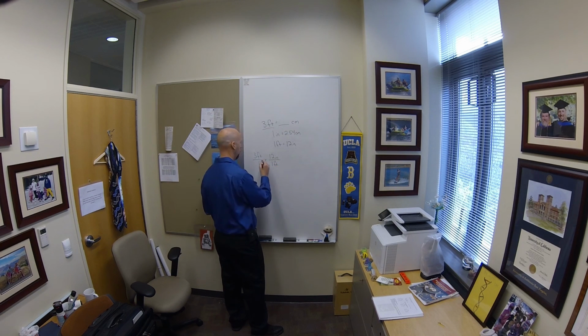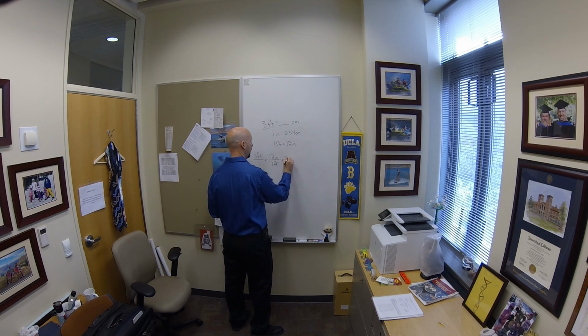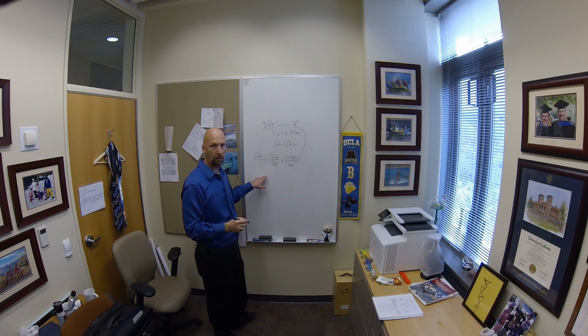Let's check and make sure I did that right. Feet cancel. I'm left with inches only. So far, so good. Now I'm going to go from inches to centimeters. I want inches on the bottom, so it cancels. So 2.54 centimeters over 1 inch. Inches cancel. I'm only left with centimeters. I want the answer in centimeters, so I'm done setting up my problem.